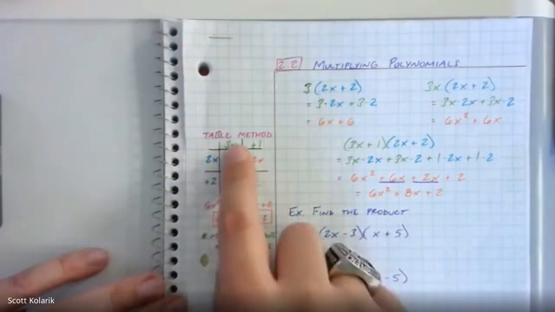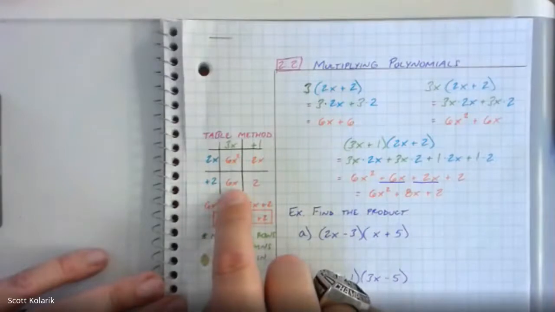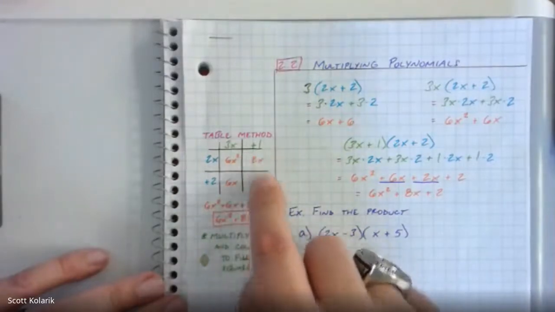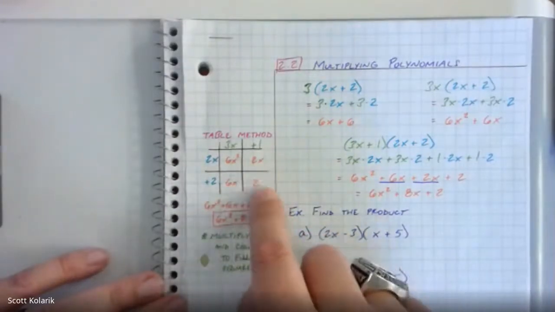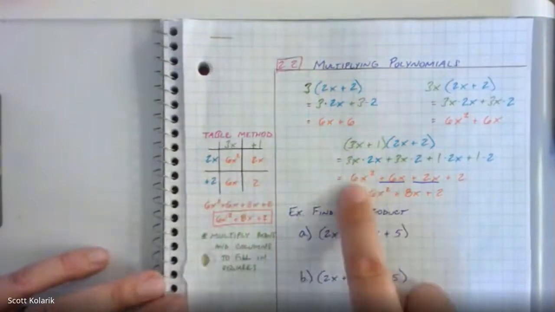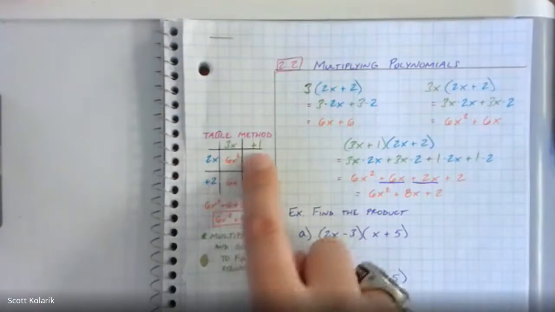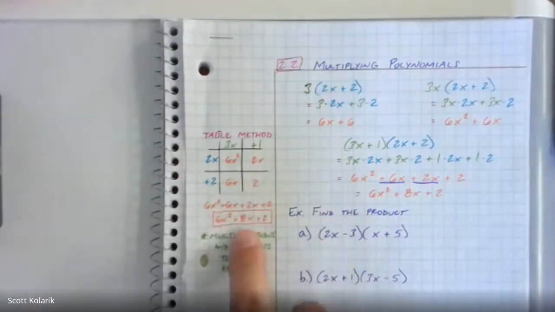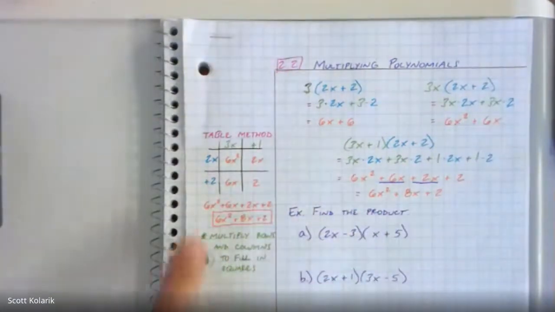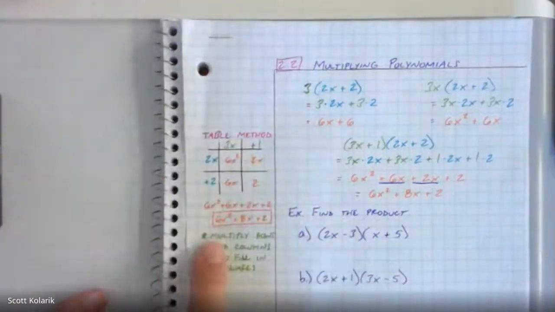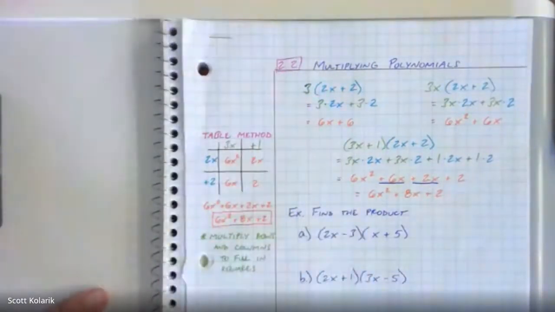For this box, I'd have 3x times positive 2, 6x. And then for this last box, I'd have 1 times 2, or 2. And this basically result is this guy, the distribution. And then I would just collect like terms. So in this case, the x's would combine to give me my final answer. So again, this is just a visual organizational difference than what the distribution method is.